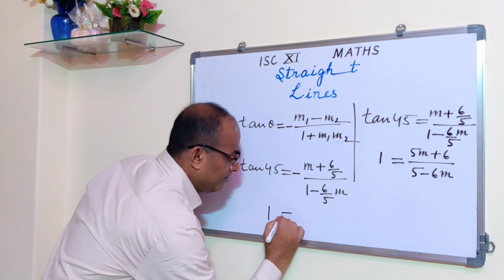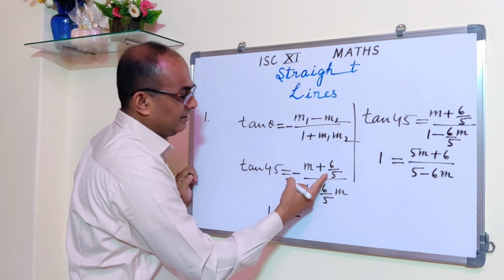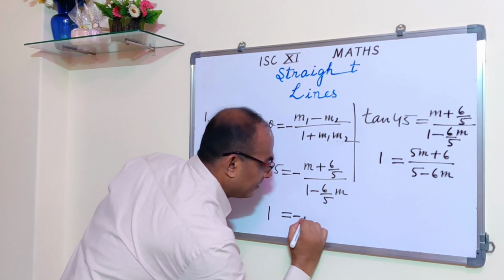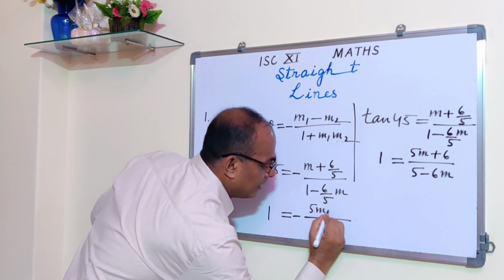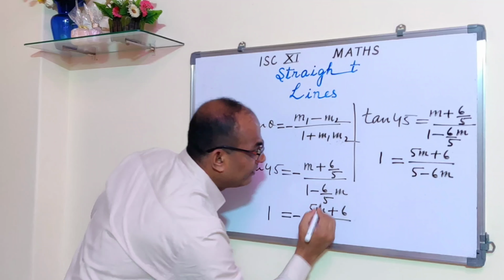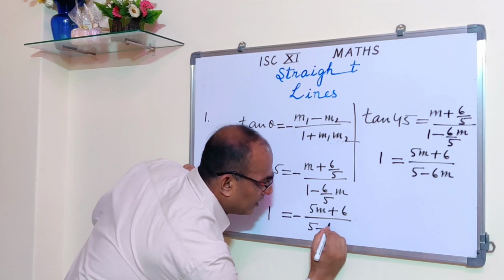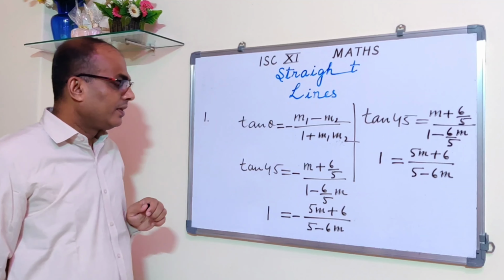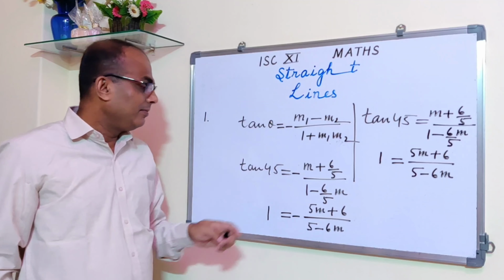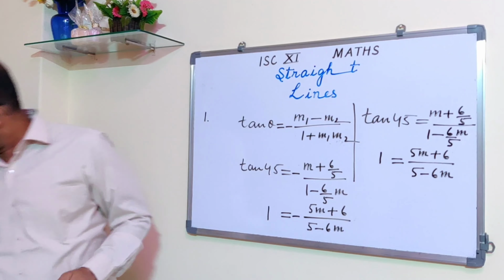1 is equal to minus 5m plus 6 whole divided by 5 minus 6m. Now let's cross multiply.